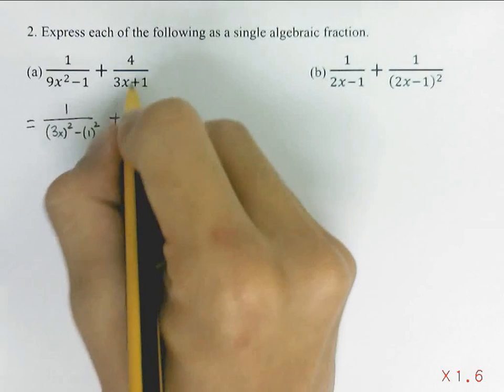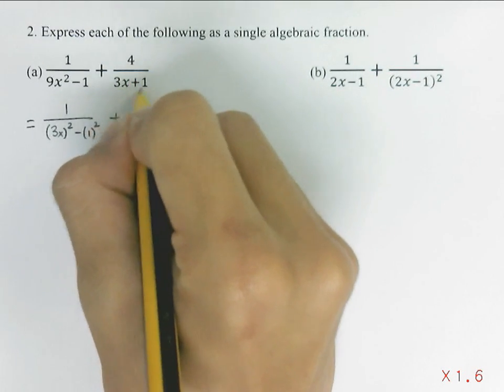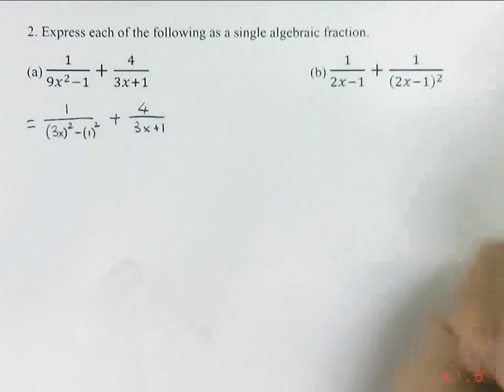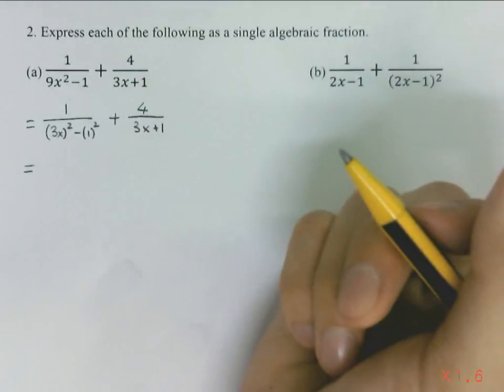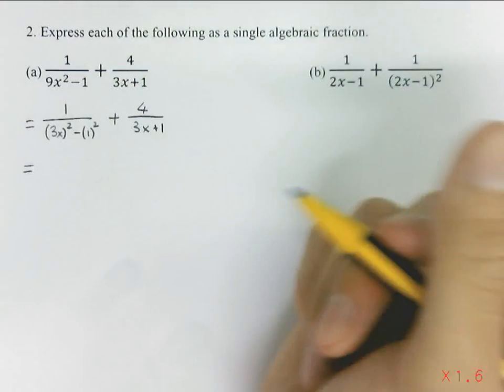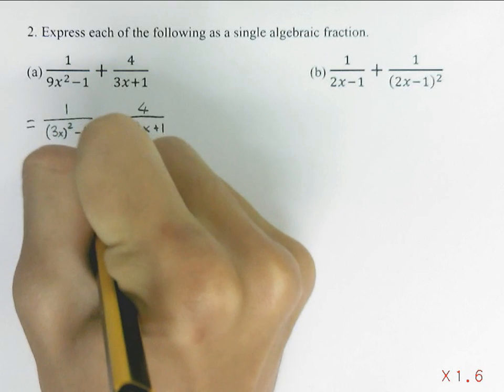We will try to leave the other term first, because the other fraction's denominator is in a linear form. So the first term, as per the other question, we factorize it using the identity. It would give us 3x plus 1, 3x minus 1.